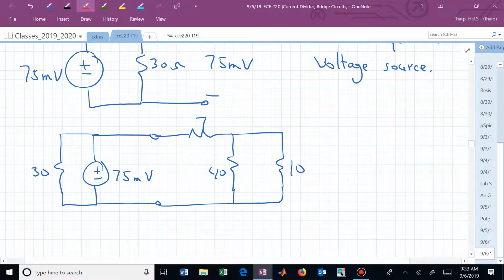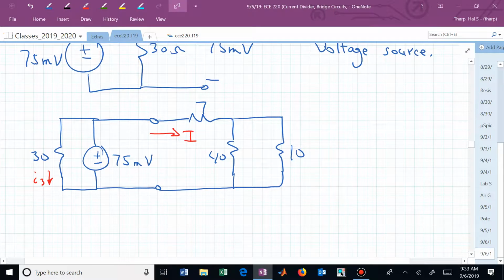And here was the current I that we were trying to solve for. And whatever this is, I sub 3, you could solve that immediately using Ohm's law. What is I sub 3? Through the 30 ohm resistor. V is equal to IR, or V is equal to RI.